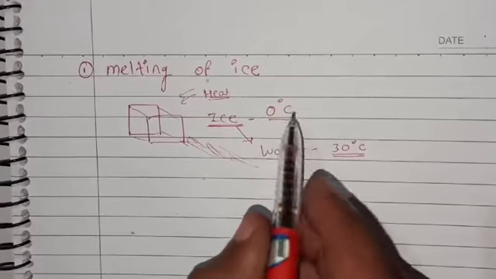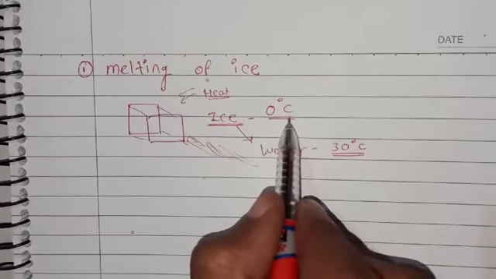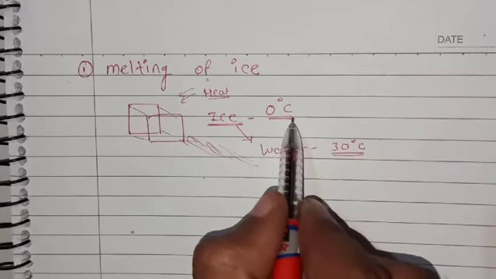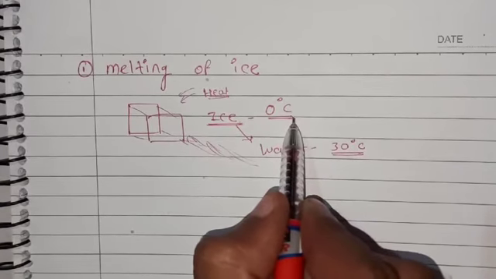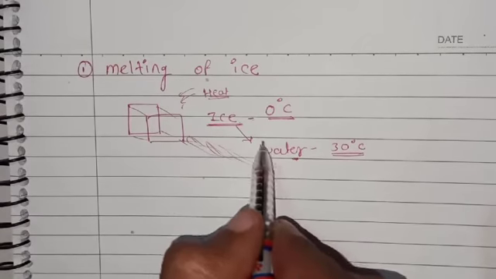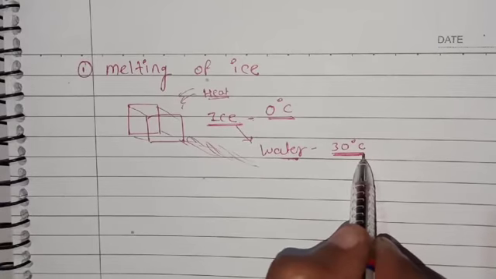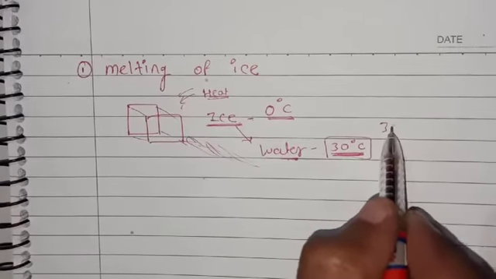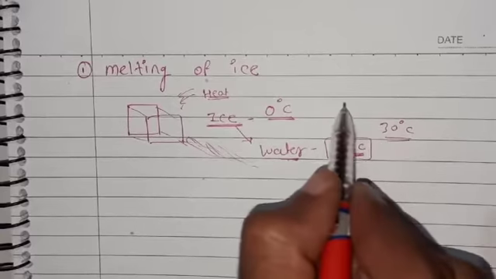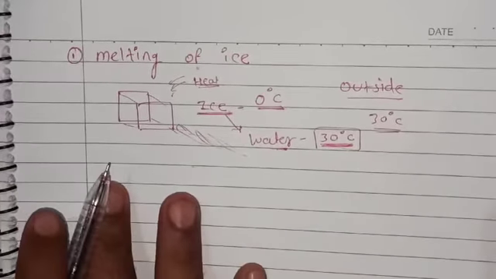Okay, so ice which was at 0 degree Celsius gets the heat from outside and converts into water which is about 30 degree Celsius. From where did this extra 30 degree Celsius come? From the outside. Okay, got it?